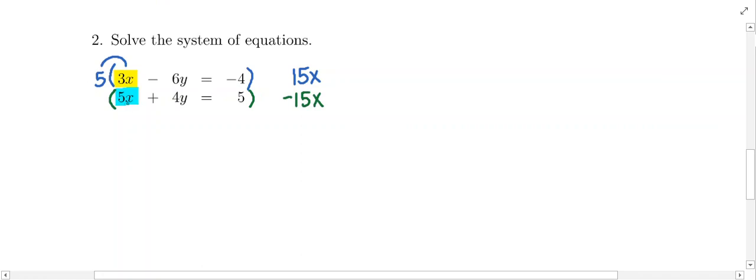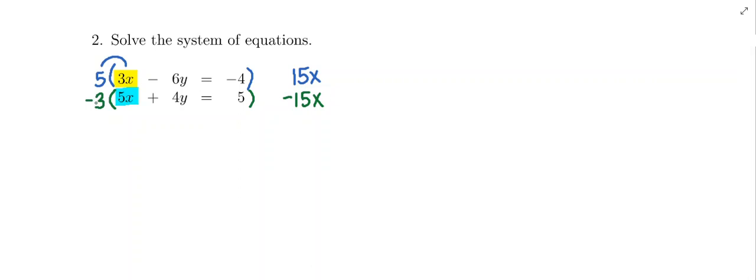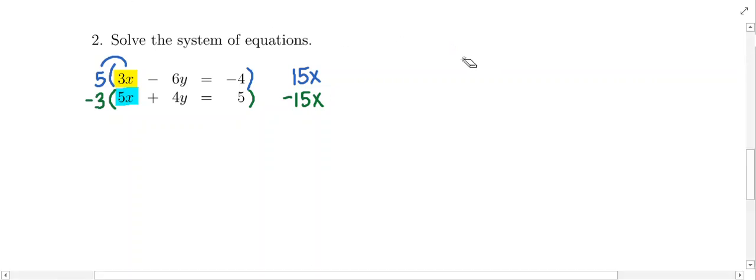Since I already have a 5x, I'm going to have to multiply by negative 3 to get a negative 15x in that position. So we're going to multiply the first equation by positive 5, and then we're going to multiply the second one by negative 3. This does happen where you have to adjust both of the equations.